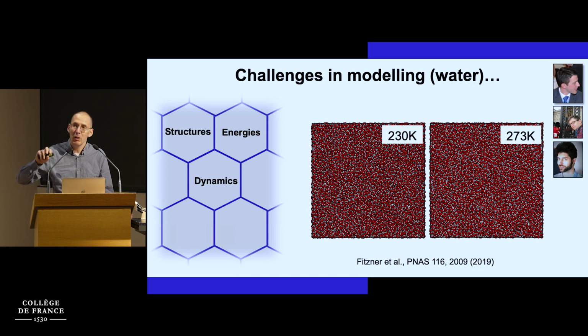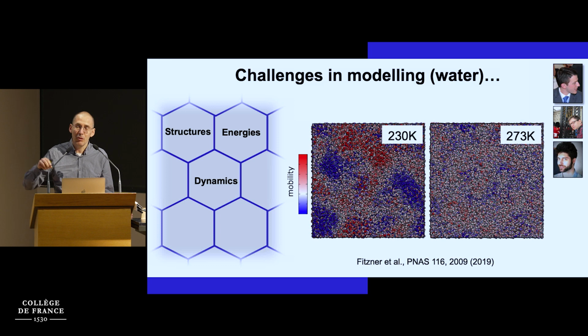But if you ask about the dynamical properties of the molecules in these systems, and what is the mobility of the particles, then in the room temperature liquid you find a rather homogeneous distribution of particle mobilities.